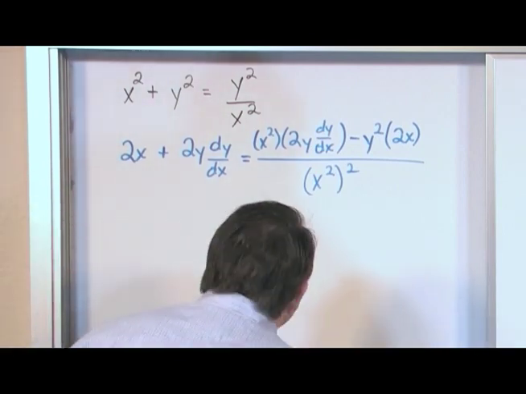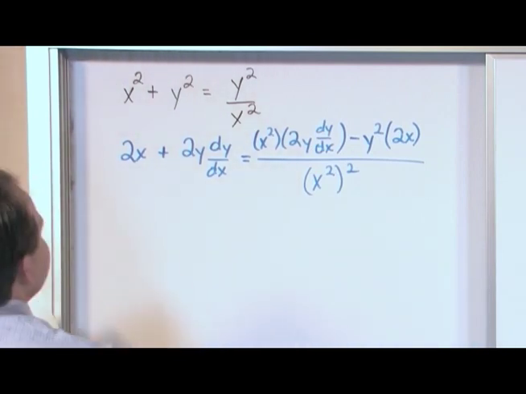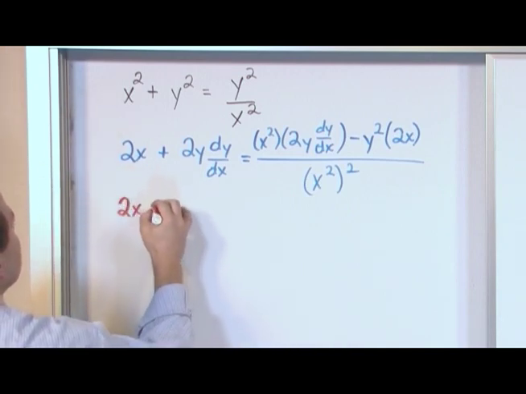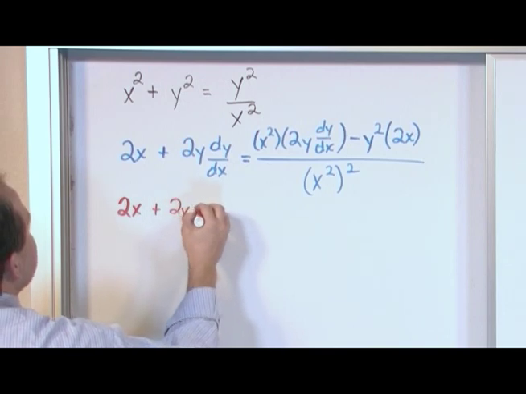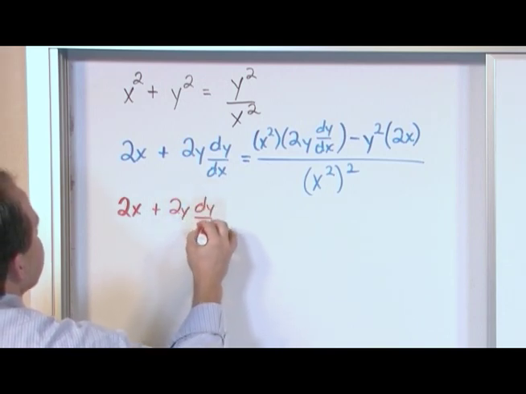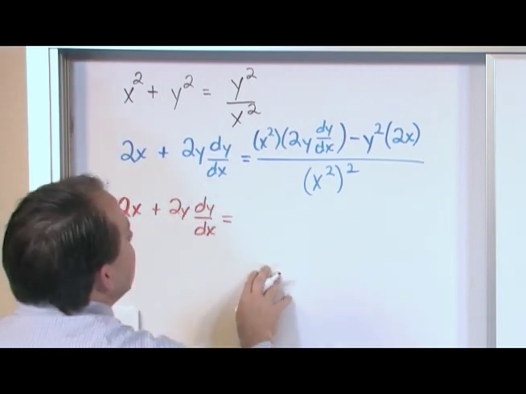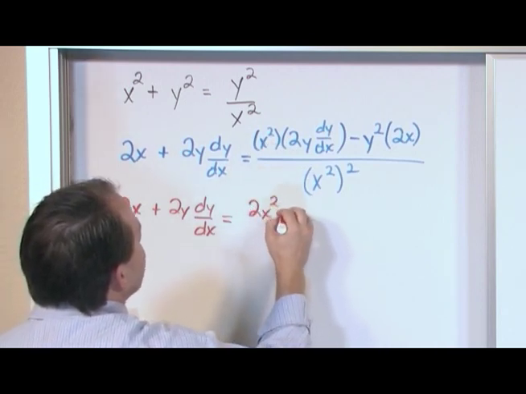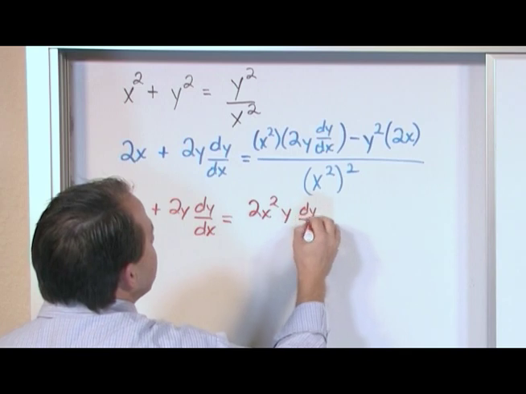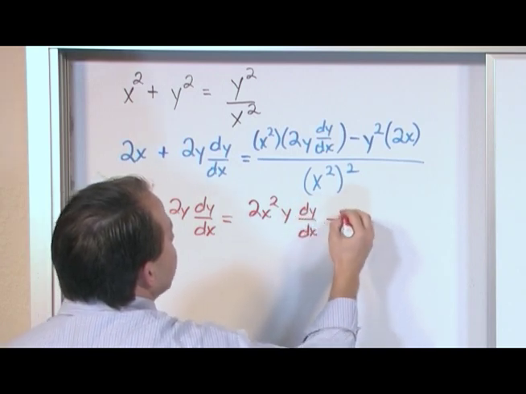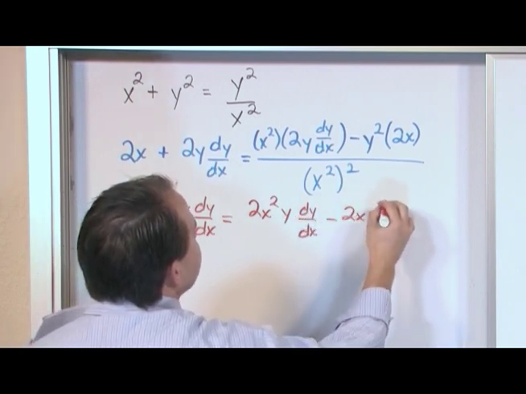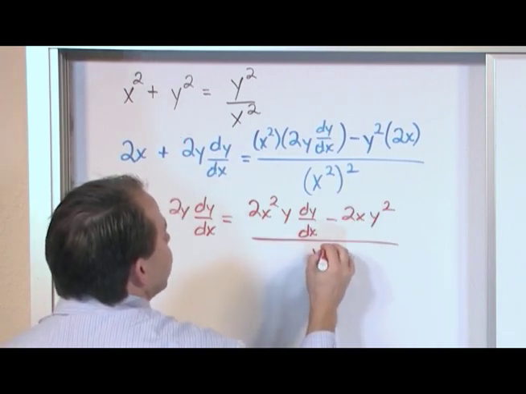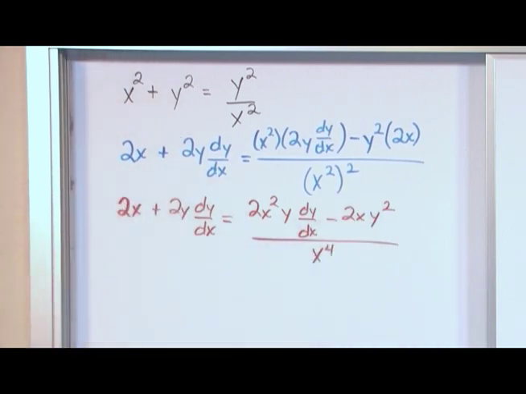All right, now let's go ahead and simplify a little bit. There's not much to do on the left-hand side, so we'll just rewrite it. We have 2x plus 2y dy dx is equal to, and then here we have 2x squared y dy dx minus 2xy squared, and on the bottom, we just have x to the fourth power.